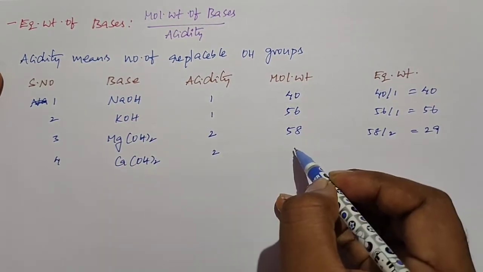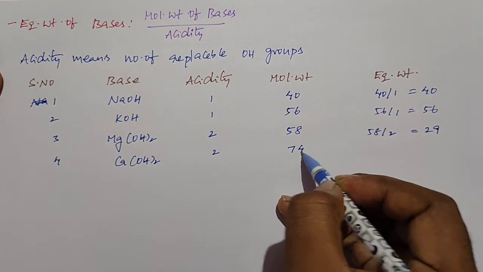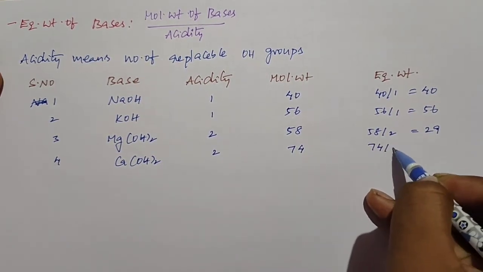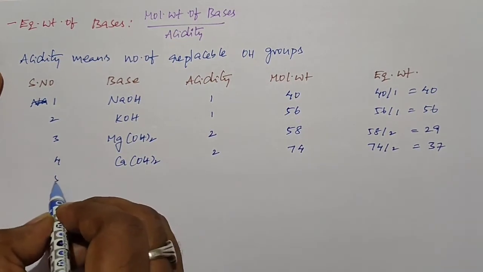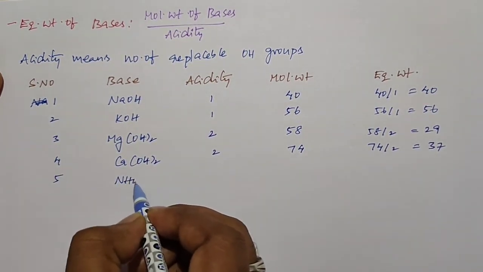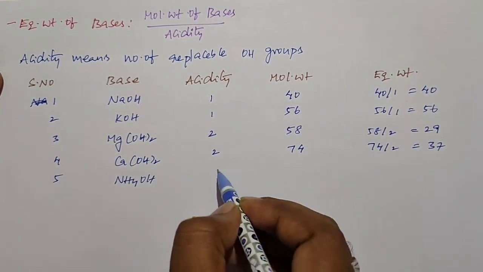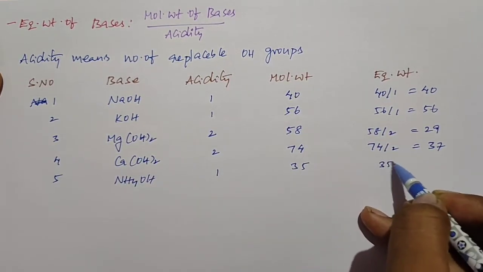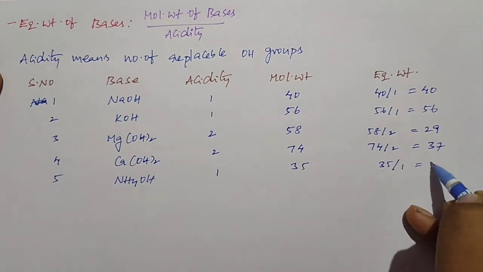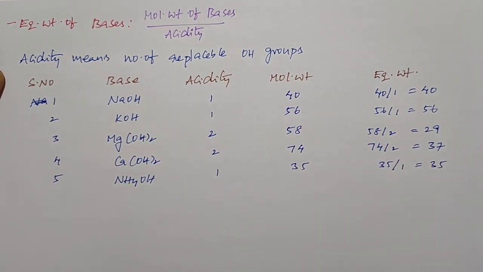Acidity is 2, molecular weight 74, and equivalent weight is 74 by 2, we get 37. The last one is ammonium hydroxide, NH4OH. Here acidity is 1, molecular weight is 35, and equivalent weight is 35 by 1, that is 35. So these are some examples for the equivalent weight of bases.